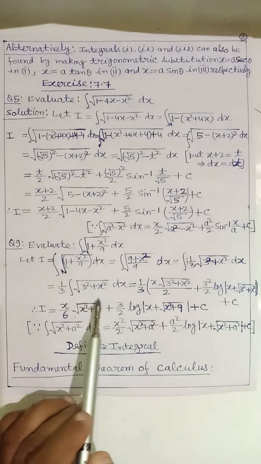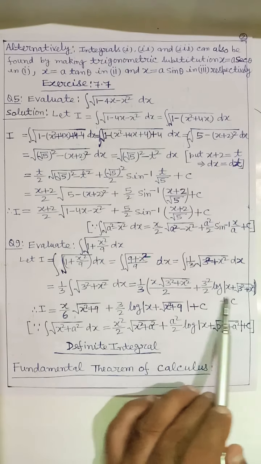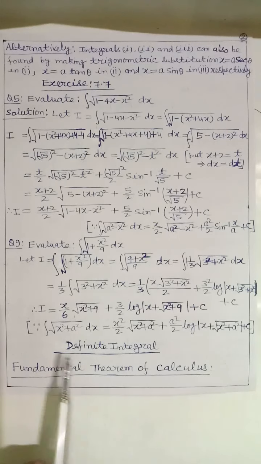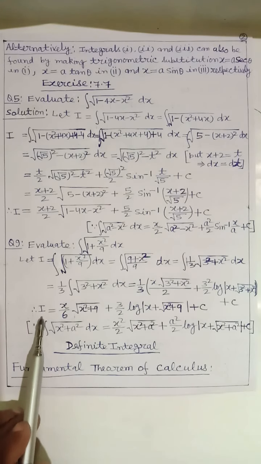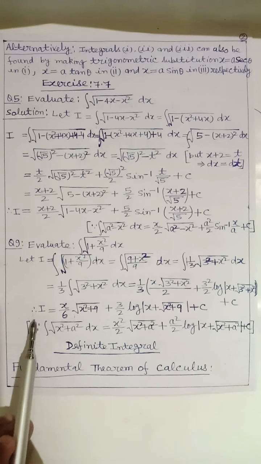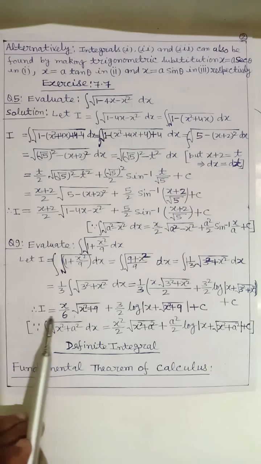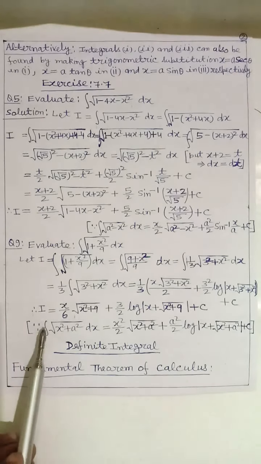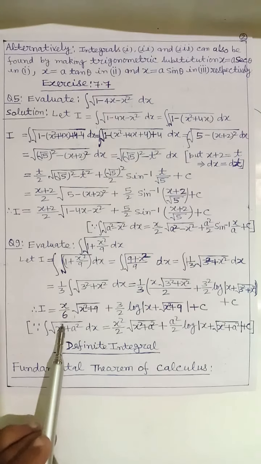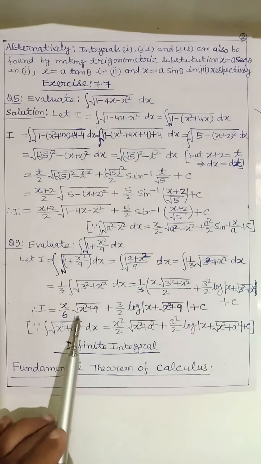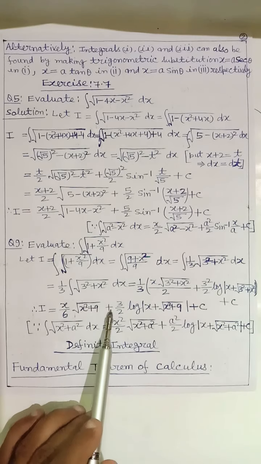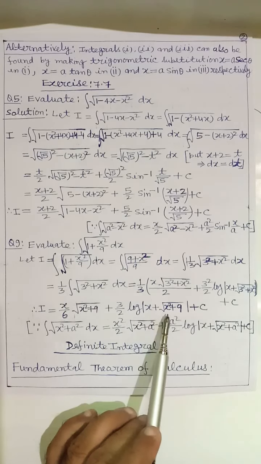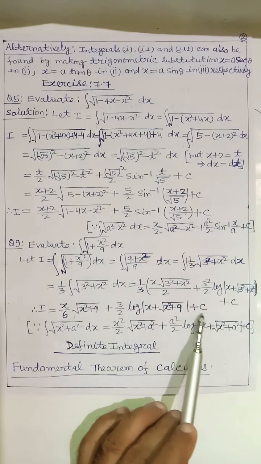So using that result we can write here in this way, and finally we get integral of square root of 1 plus x square by 9 dx equal to x by 6 into square root of x square plus 9 plus 3 by 2 log mod x plus square root of x square plus 9 plus c.